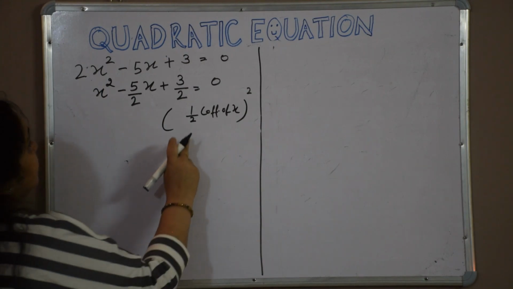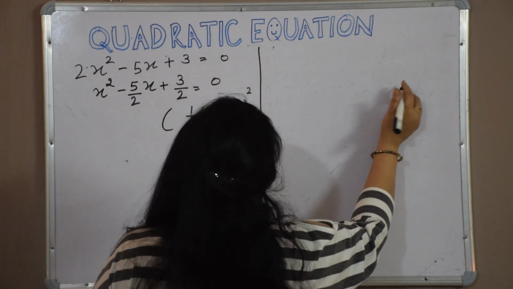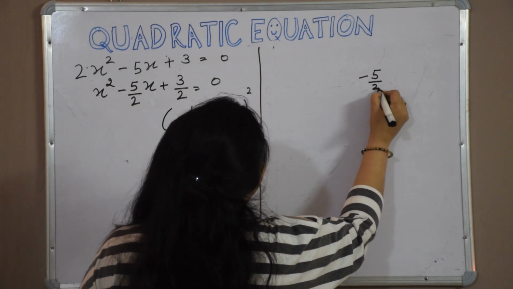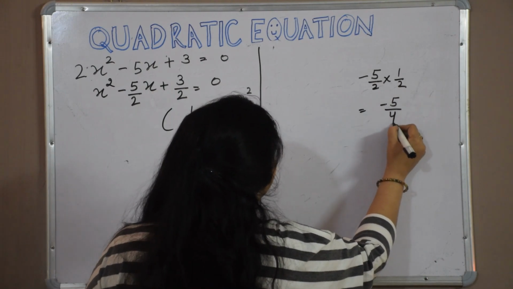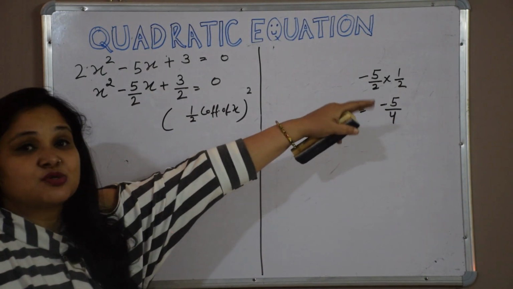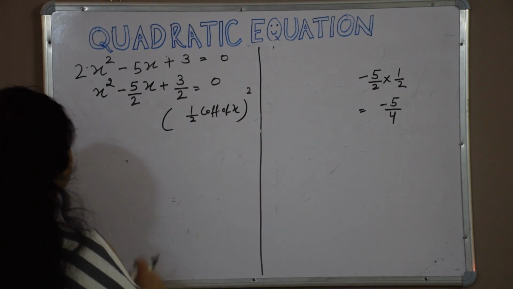I am explaining here: the coefficient of x is minus 5 by 2, and when we take half of this it becomes minus 5 by 4, and we have to take the square of this, minus 5 by 4, and add it to both sides.